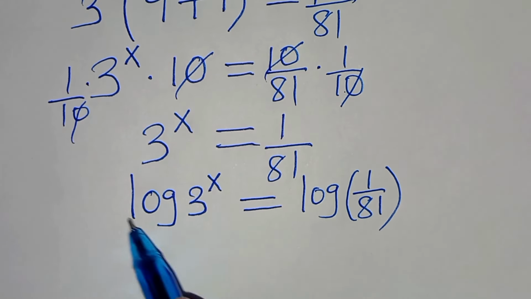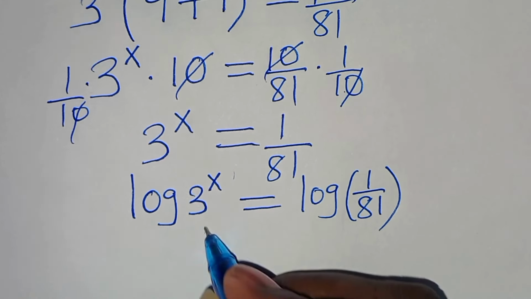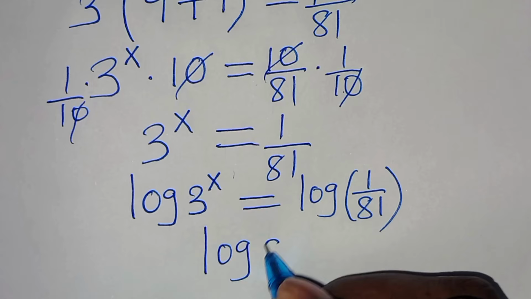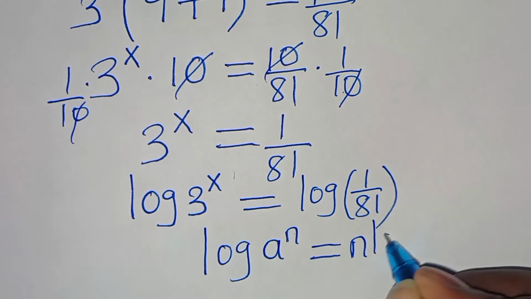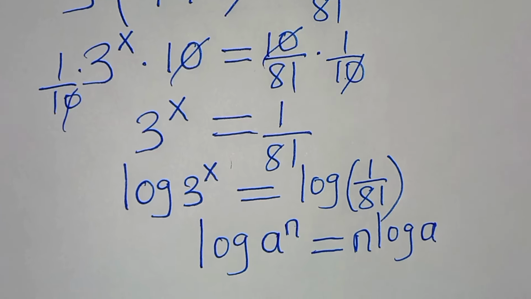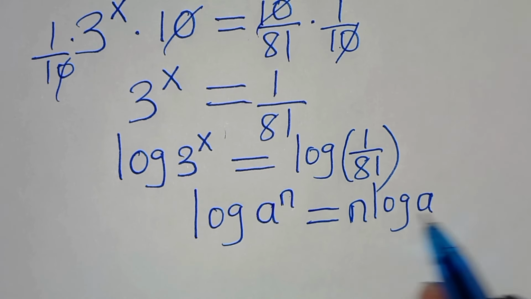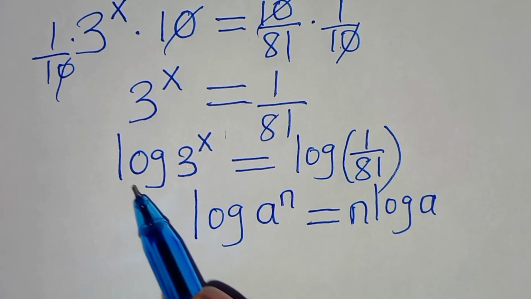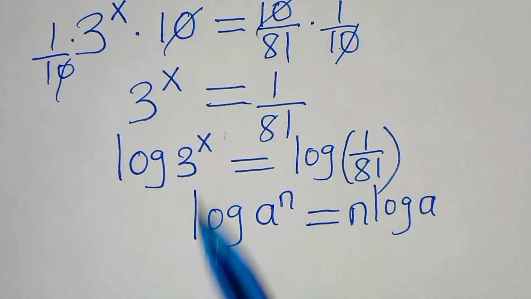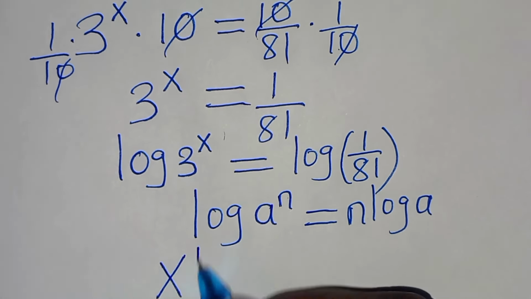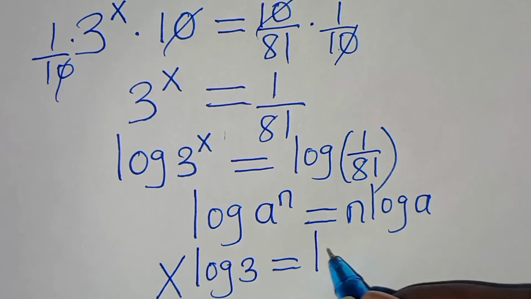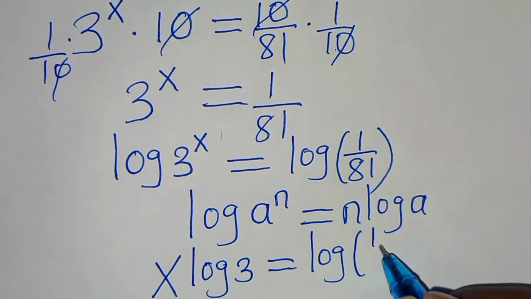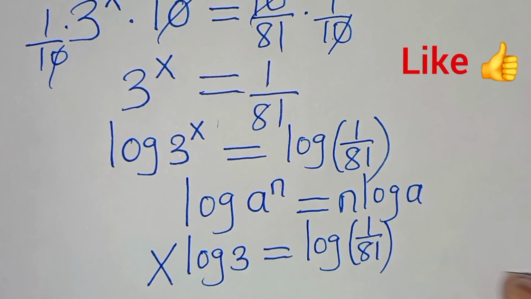The next step is that log 3 to the power of x, this is in the form of log a to the power of n, which we can express as n log a. So applying this power property of logarithm, then we have that log 3 to the power of x becomes x log 3. This is equal to log 1 over 81.